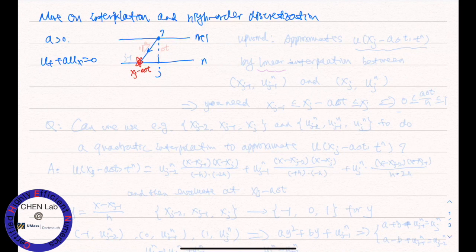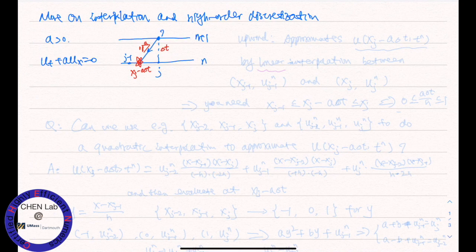Again, dx/dt is a, so here is 1, here is a, and we know here is delta t, so that's xj minus a delta t, and that's the location j minus 1.